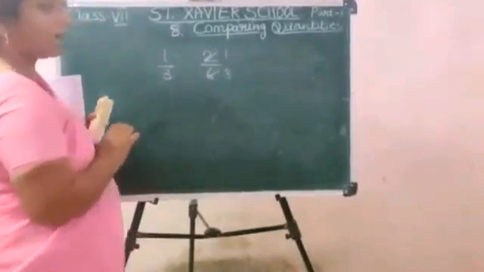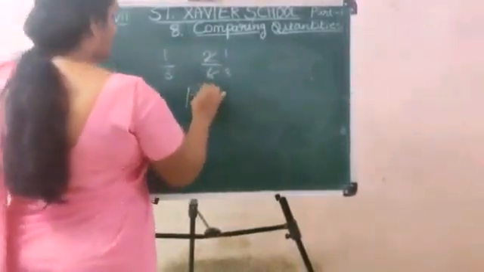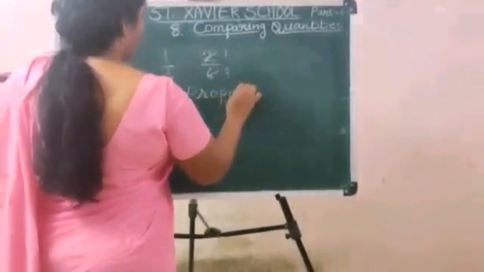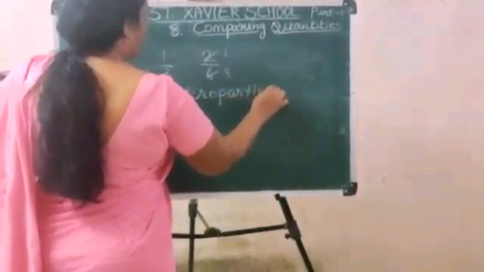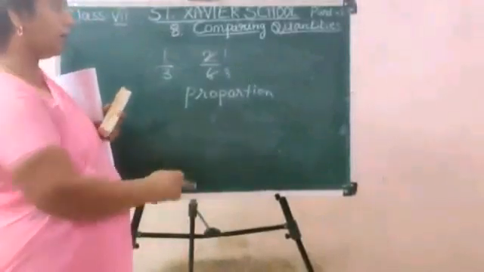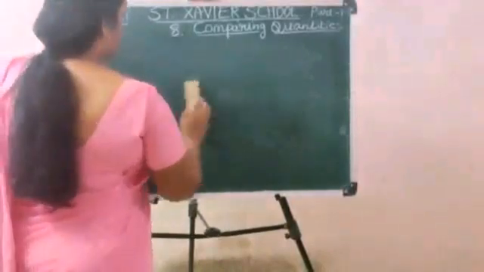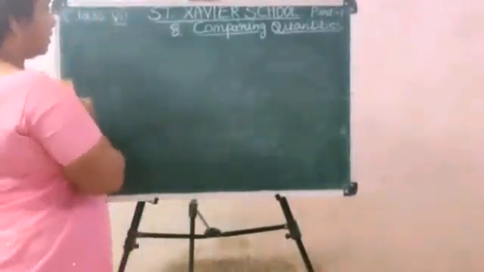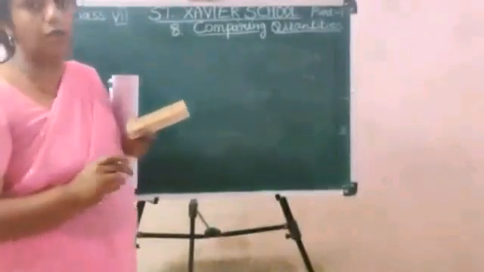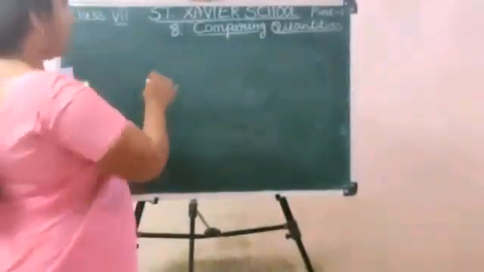If the ratios are equivalent, they are called proportion. We can convert the ratios into a fraction and solve. So we will go for the exercise.